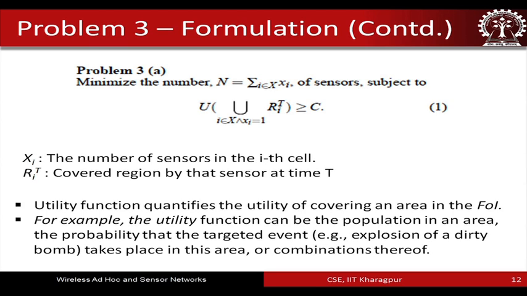The utility function quantifies the utility of covering an area in the field of interest. For example, the utility function can be the population of an area, the probability that the targeted event takes place in the area, or combinations thereof.